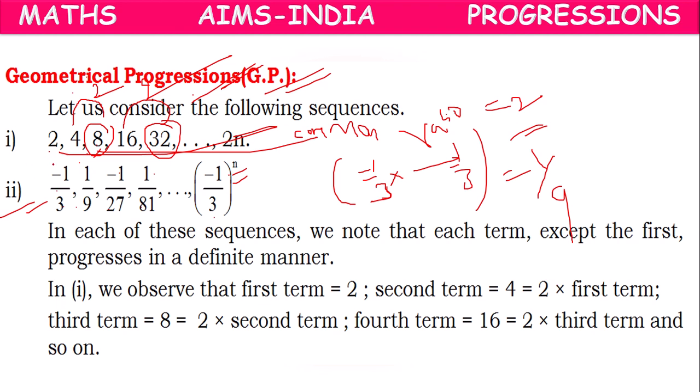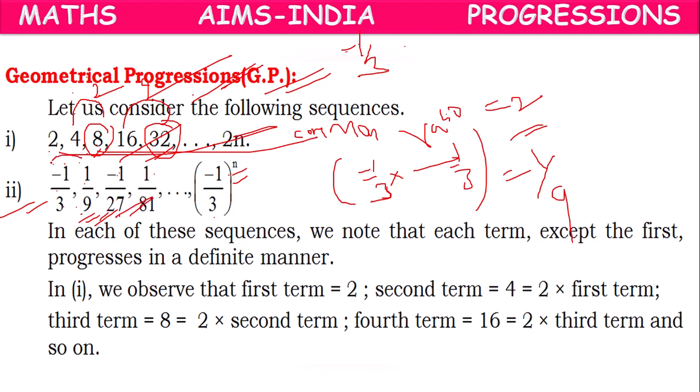We multiply the first term with minus 1 by 3 and get the second term. Again the second term is multiplied by the same number: 1 by 9 times minus 1 by 3 gives minus 1 by 27. Again, minus into minus is plus, 1 by 27 times minus 1 by 3 gives 1 by 81.